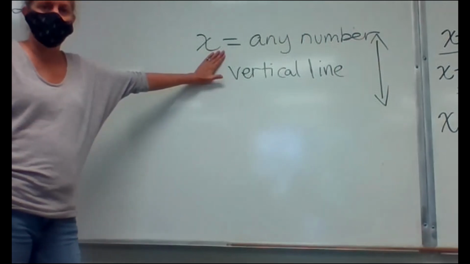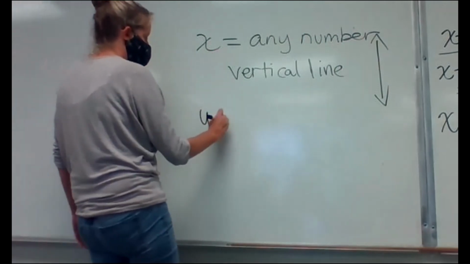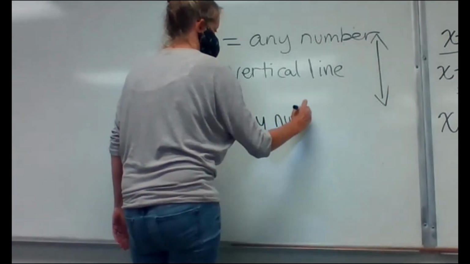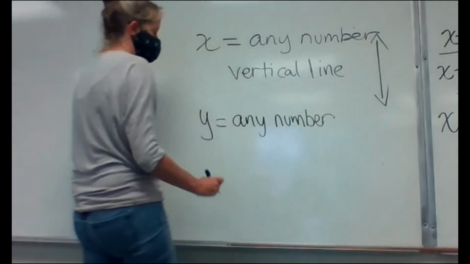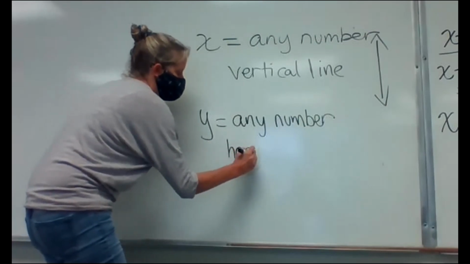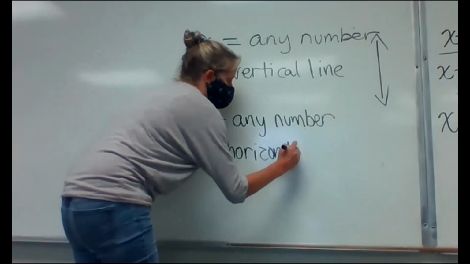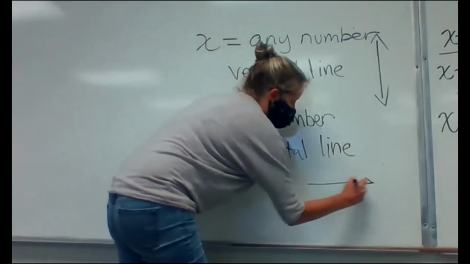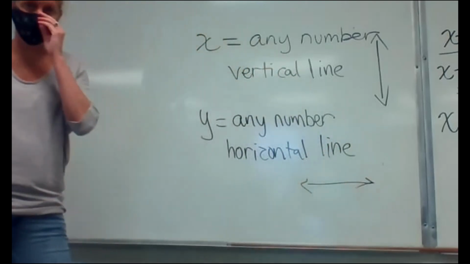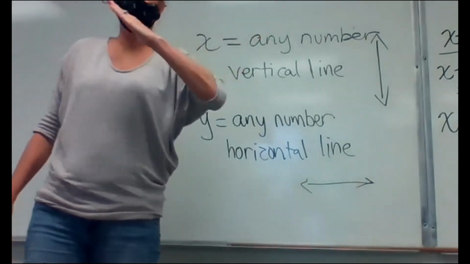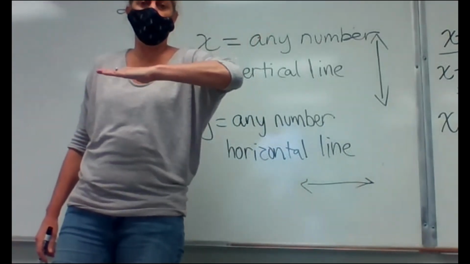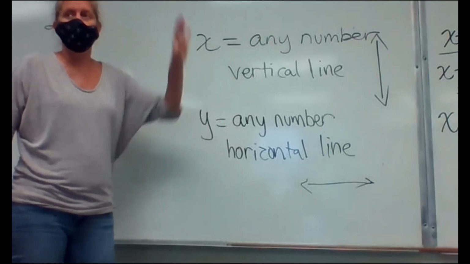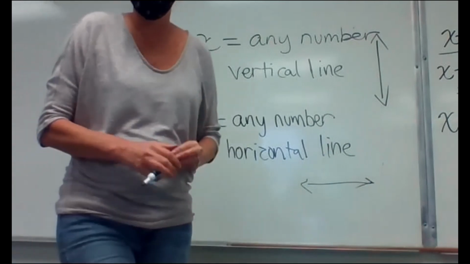No y's involved. If you have y equals any number, it's going to be a horizontal line, which is the one that goes straight left and right. So it's not going to have a slant. It's going to go straight left and right if it's y equals a number. This is no x involved. So those are two special lines.